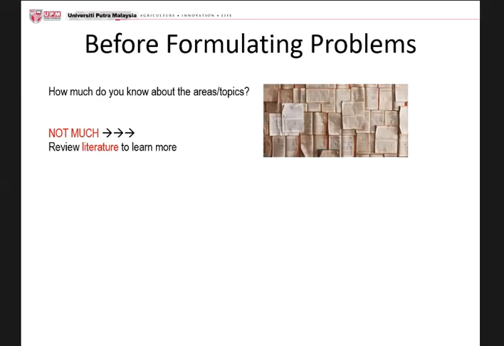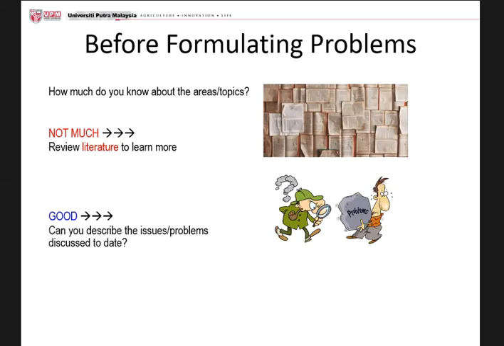But you have to find a review paper that is really related to whatever you are doing. If your knowledge in that area is good, then can you describe the issues and problems in other ways, for you to rate yourself? Do you actually know about it, or do you have no idea?